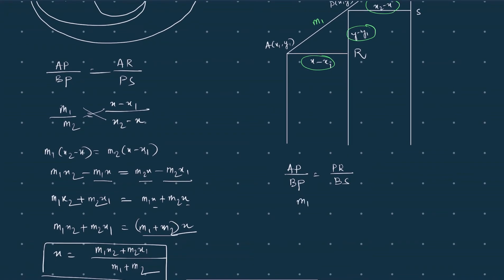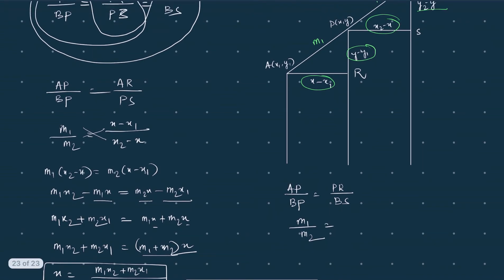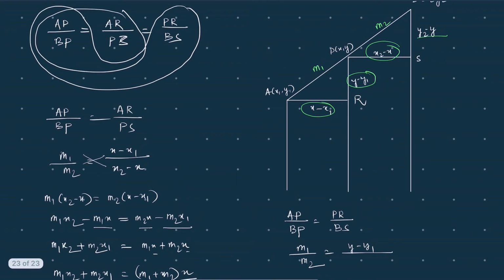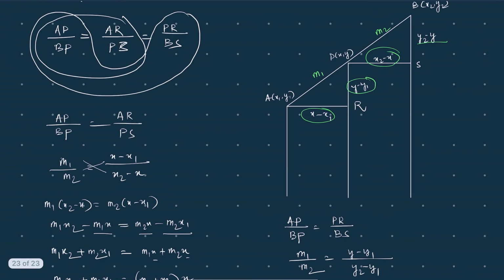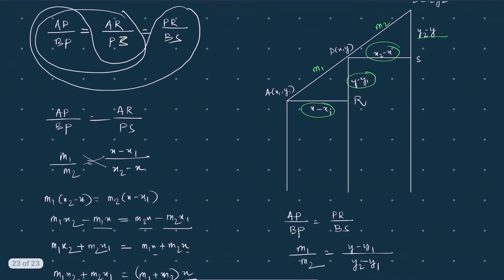Similarly, this is M1 by M2. What is PR exactly? PR is nothing but Y minus Y1 divided by, what is BS? BS is nothing but Y2 minus Y1 here. You can see this one is equal to BS and this one is equal to PR. PR is equal to Y minus Y1. This is Y2 minus Y, sorry.